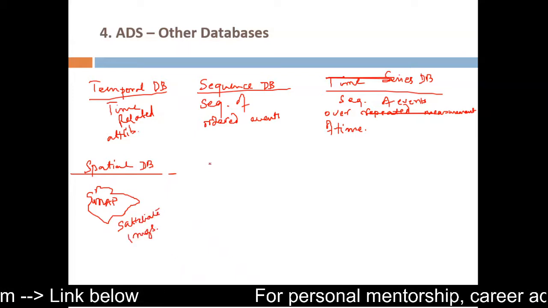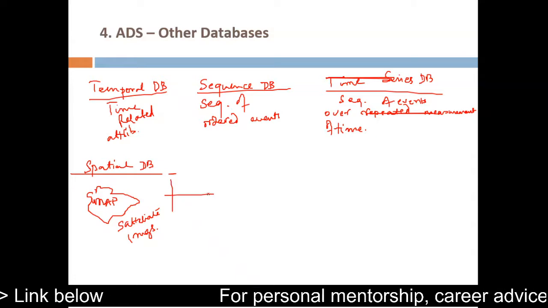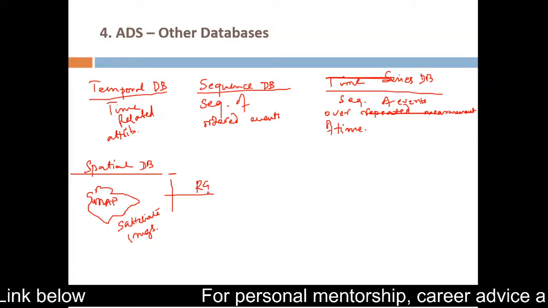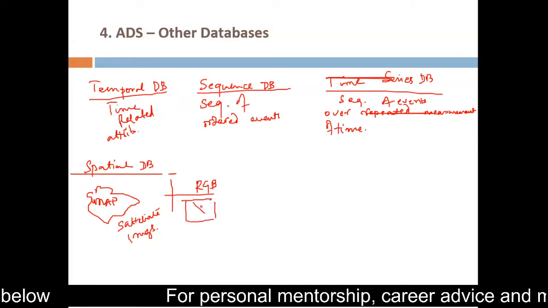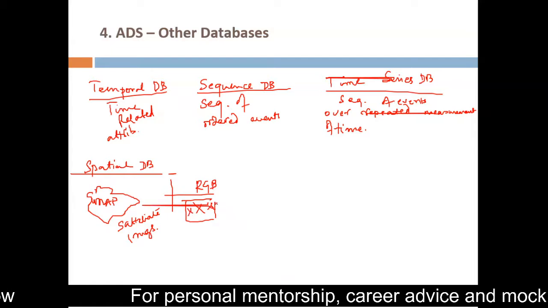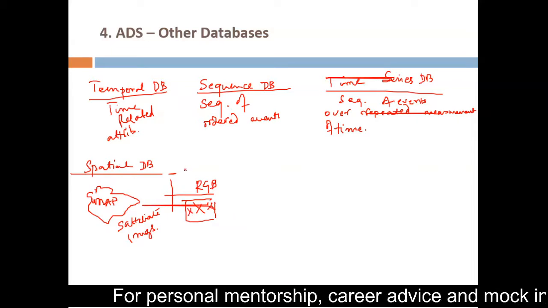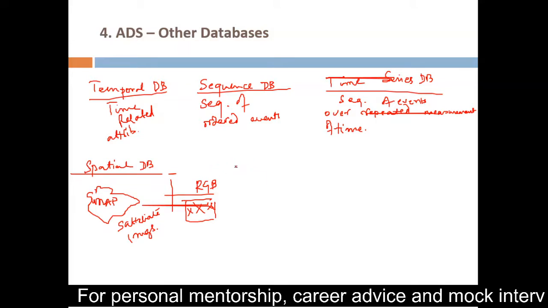Or you can also think that you are looking at the RGB pixels. If you're looking at a particular image, it's being measured in terms of pixels, right? And those pixels could be represented in a spatial way. So that kind of data is stored in a spatial database.